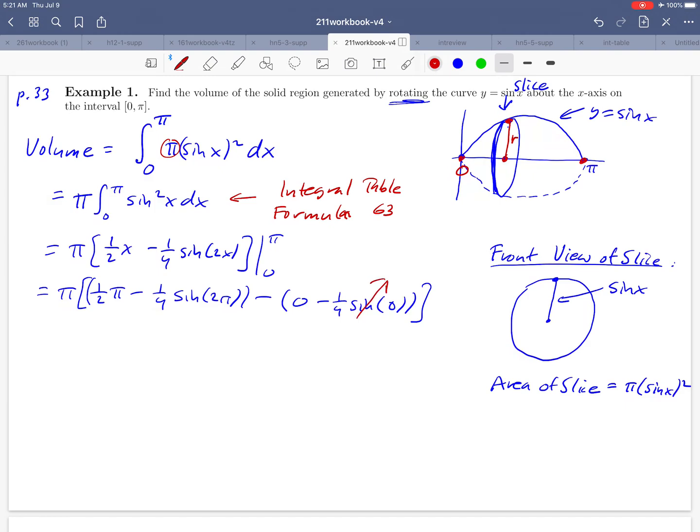Sine of 0 is 0, and sine of 2 pi and 0 are the same angle, so we get 0 there. Really everything goes away except for that 1/2 pi, and that's being multiplied by pi. So our answer is going to wind up being 1/2 pi squared. There is the volume of this solid.